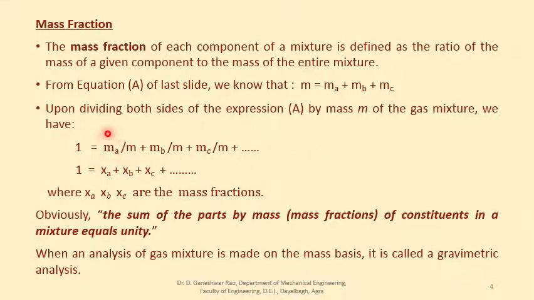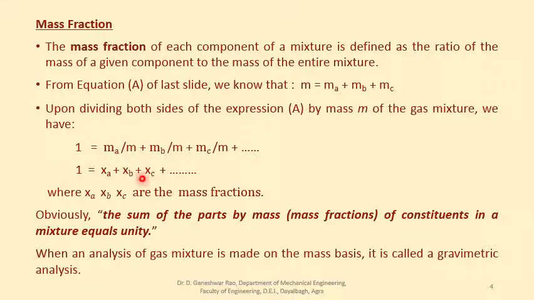Now just now we have said that Ma upon M is the mass fraction of component A, Mb upon M the mass fraction of component B. So these mass fractions are shown with the help of X. So mass fraction of component A, Ma upon M, will be Xa, Mb upon M, Xb, Mc upon M, Xc, and so on, right? So what does it mean?